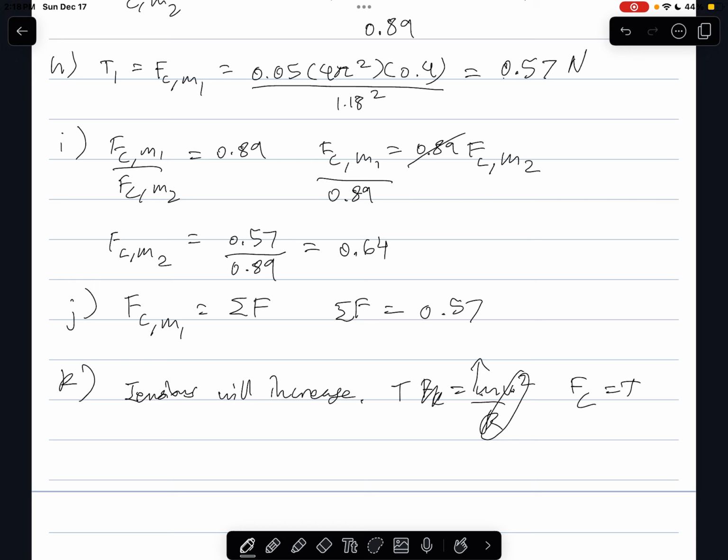And logically, it makes sense that for your masses to have the same velocity, you need more force pulling the masses, because you need to put in more work for heavier masses to go at the same speed.